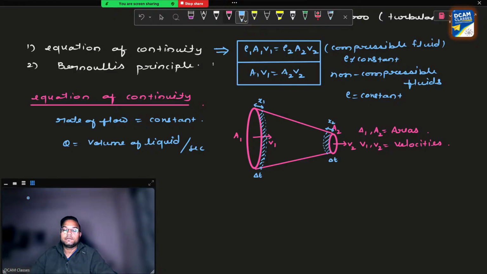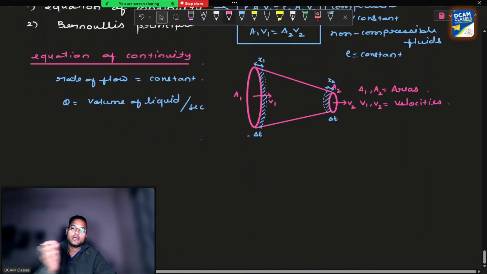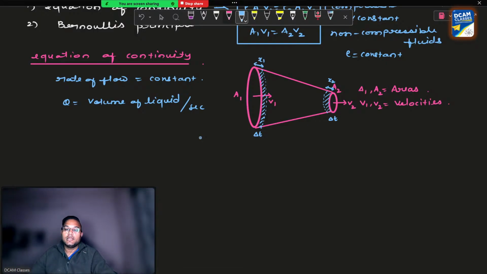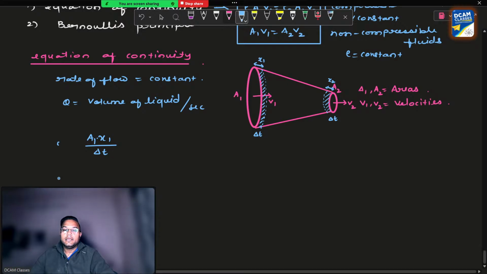It works on that principle. And now Q is what? Volume of liquid per second. If we talk about the first area, how much liquid is flowing per second from it will be A1 into x1 divided by delta t. Correct? And similarly, the amount of liquid which will be going out will be A2 into x2 divided by delta t, in the same time.